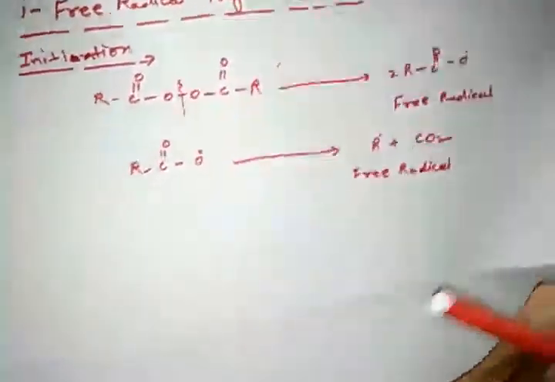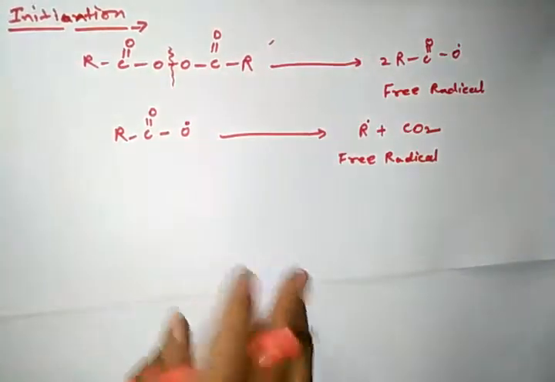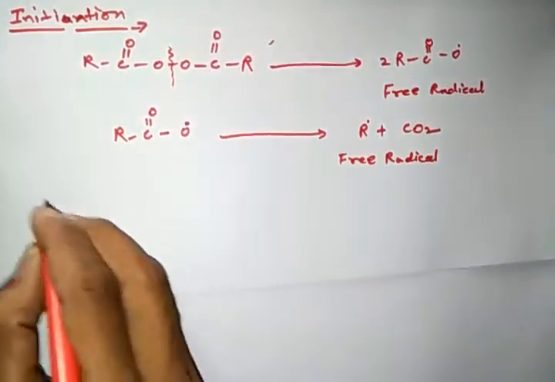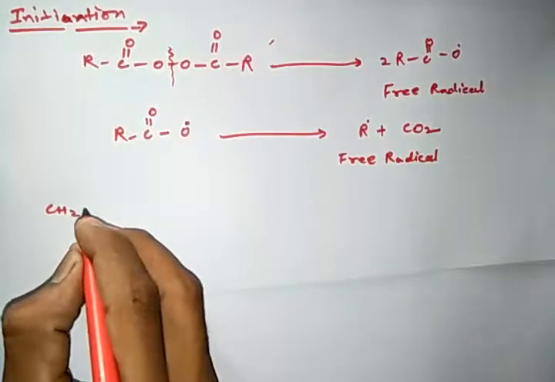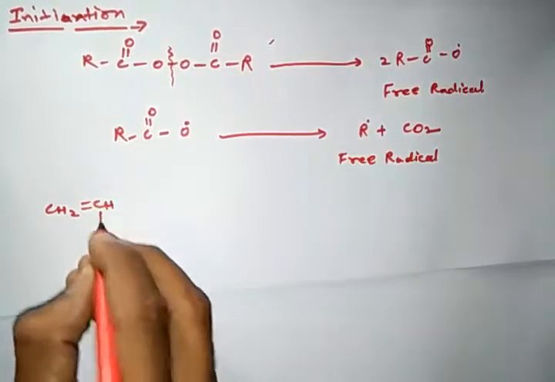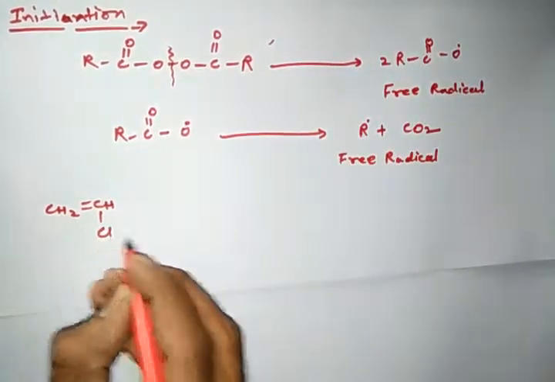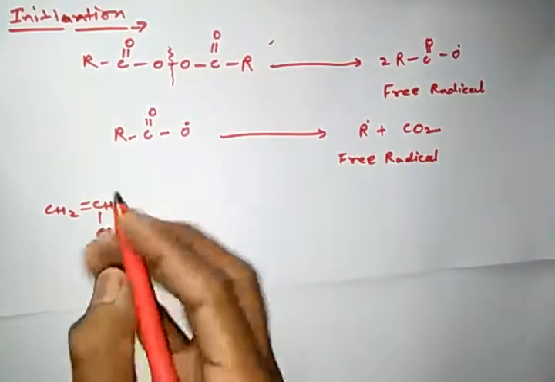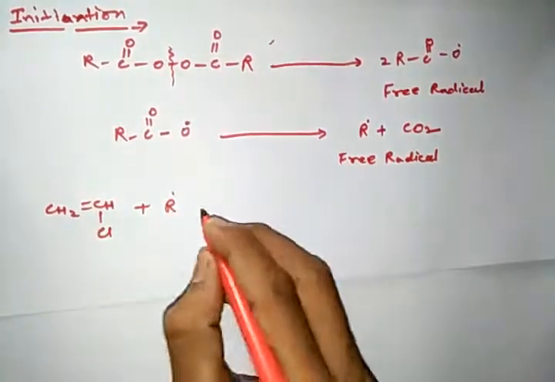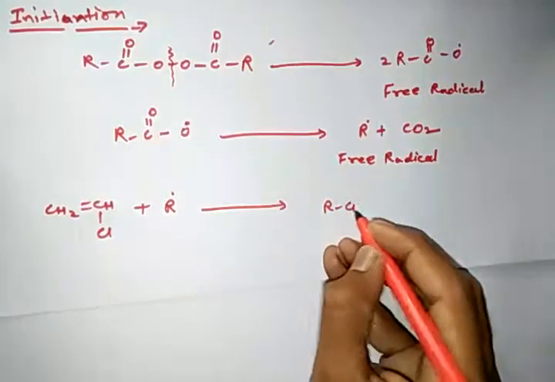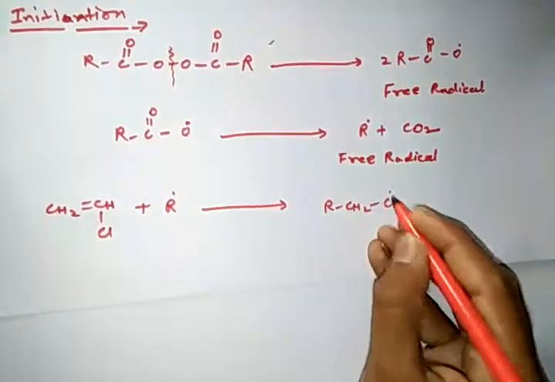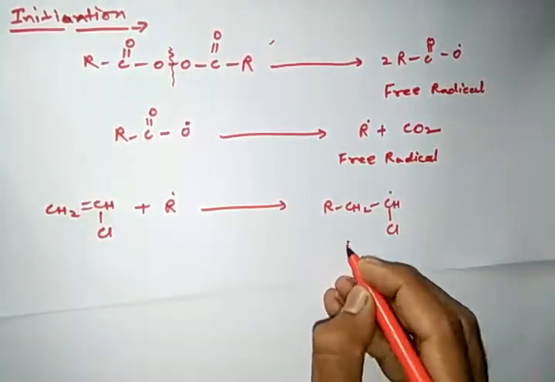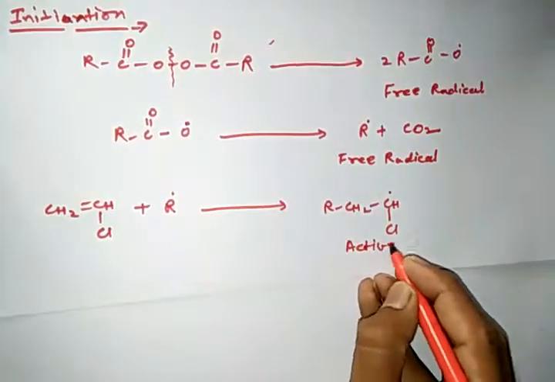These free radicals react with ethylene, vinyl chloride, and RCH2-CH free radical Cl. An active monomer is obtained.